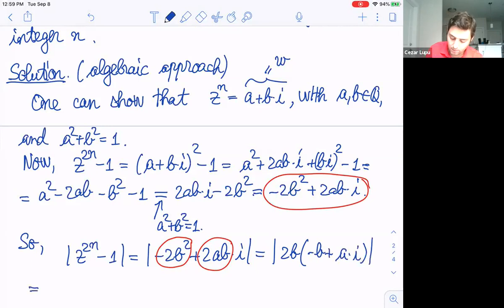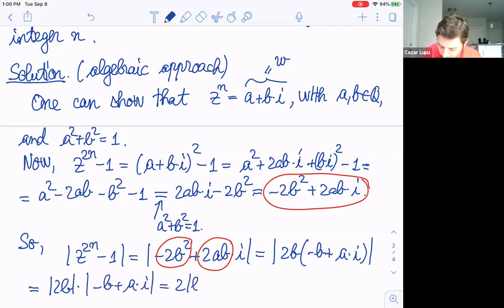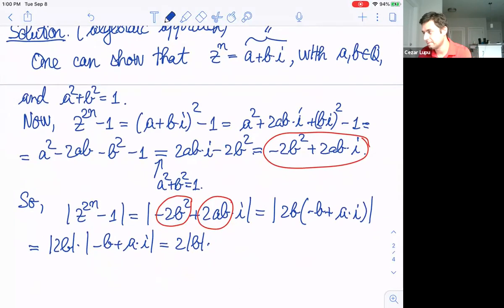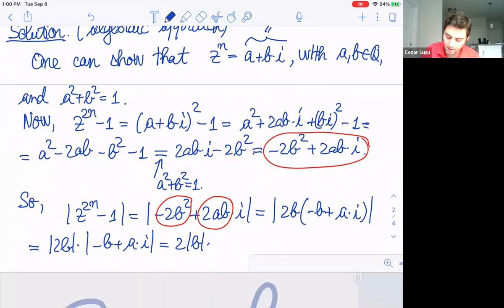And now it's quite clear what to do. This will be the absolute value of 2b times the absolute value of negative b plus ai. Well, in this case, it's 2 times the absolute value of b times what? This guy will also have the same absolute value, right?